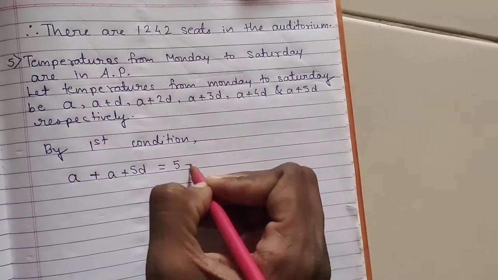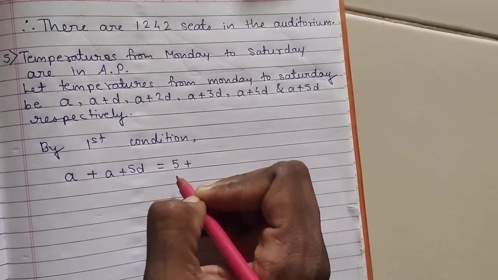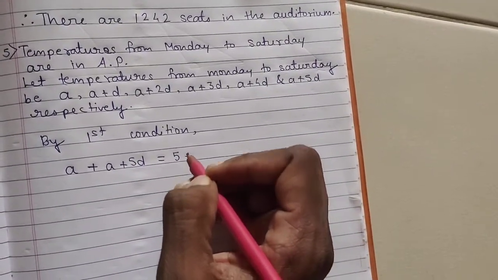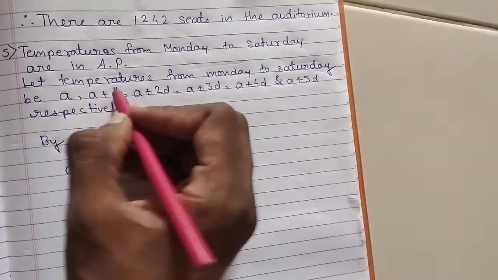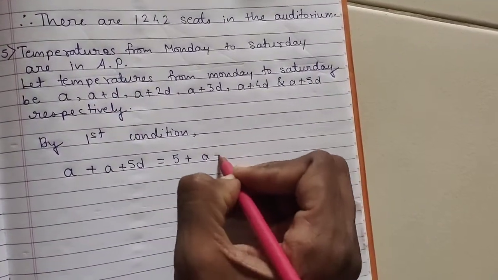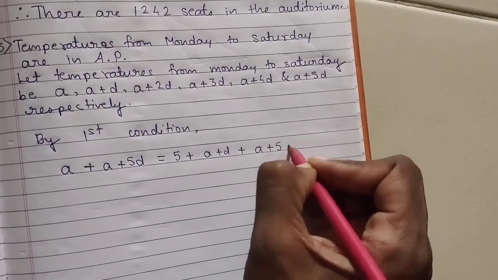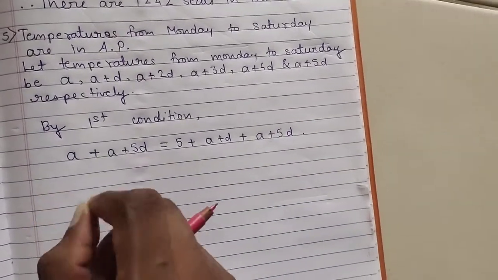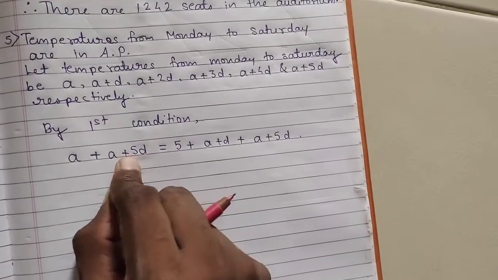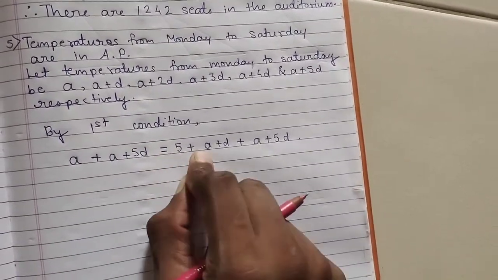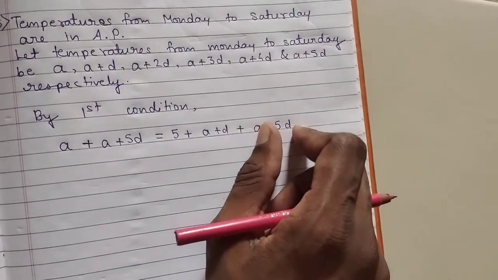So 5 more means what? You have to add 5. Sum of temperatures of Tuesday and Saturday. So you have to add Tuesday and Saturday. So your Tuesday is A plus D and Saturday is A plus 5D. Okay. So what is given to us? Monday plus Saturday is equal to 5 more than Tuesday plus Saturday.